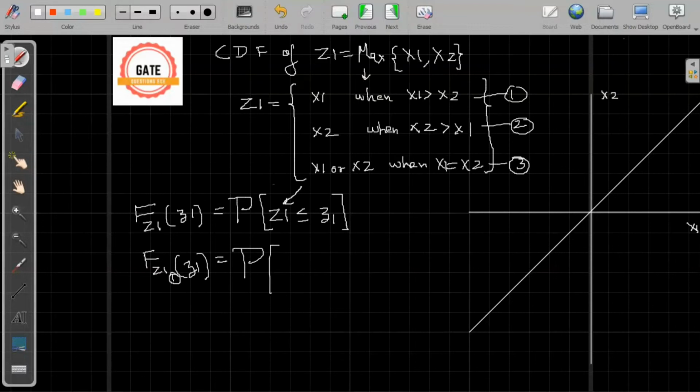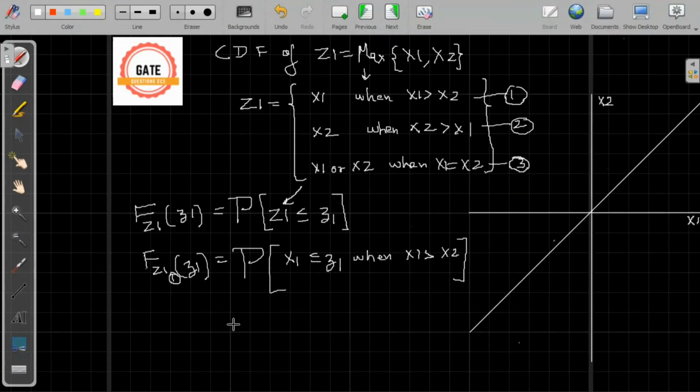In this case Z1 will be equal to X1, so X1 is less than or equal to z1 when X1 is greater than X2. So this will be equal to the probability that X1 is less than or equal to z1, and combining this with the inequality, we can write it as X1 less than or equal to z1 and X1 greater than X2.